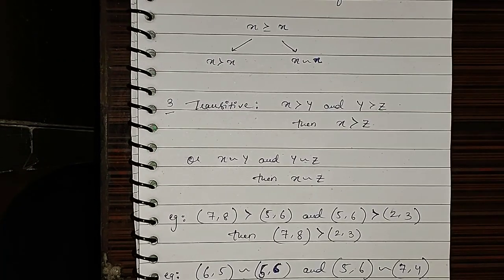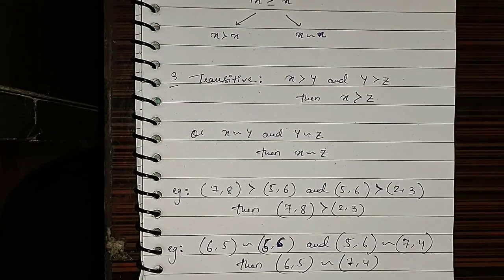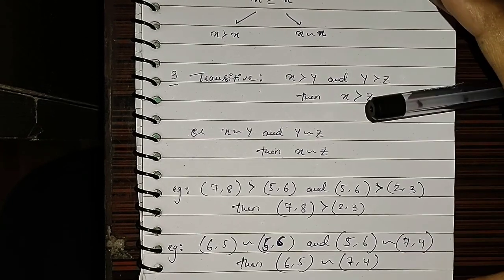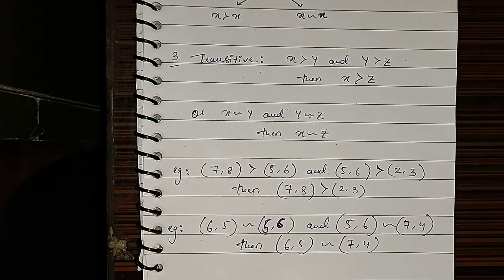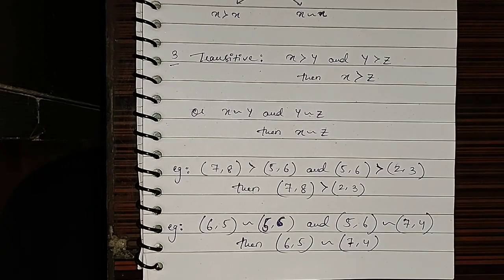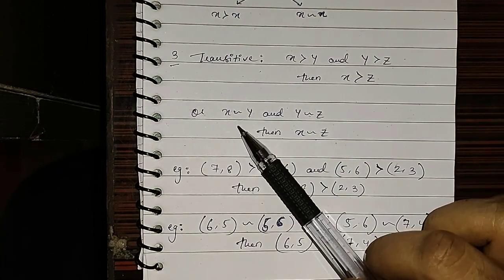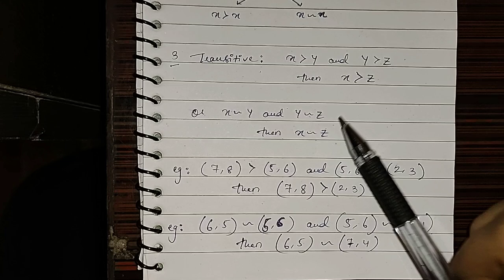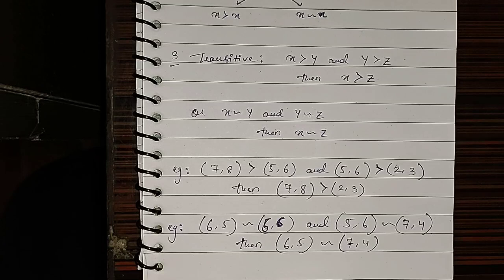The transitive axiom says that if we have a bundle X that is preferred over Y, and we have a bundle Y that is preferred over Z, then it can be concluded that the bundle X is preferred over Z. This idea can be extended to indifference and weak preferences as well, where we can say if the consumer is indifferent between X and Y, and he is indifferent between Y and Z, then he must be indifferent between X and Z.